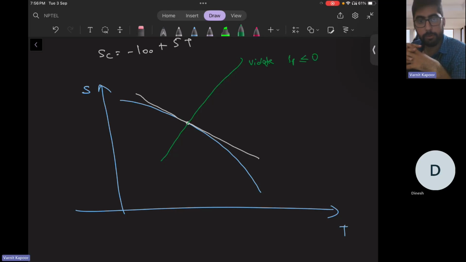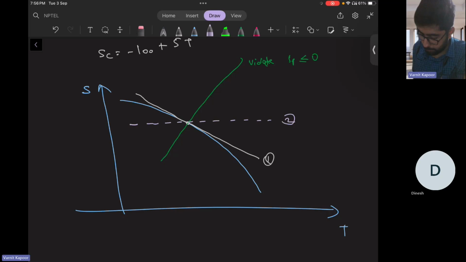So the first model was where you had a tangent. Second model, you said that the slope is only a constant value. This is your constant value in model 2. In model 3, you said that the slope is less steep.